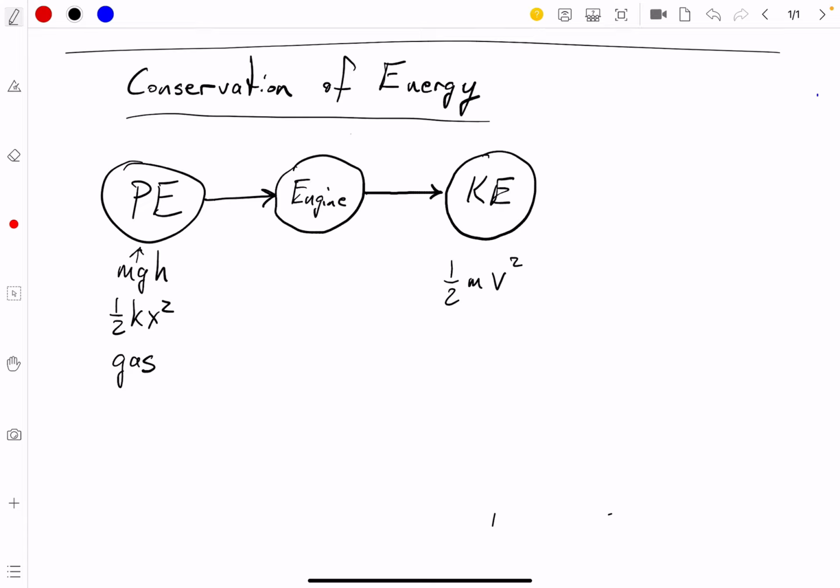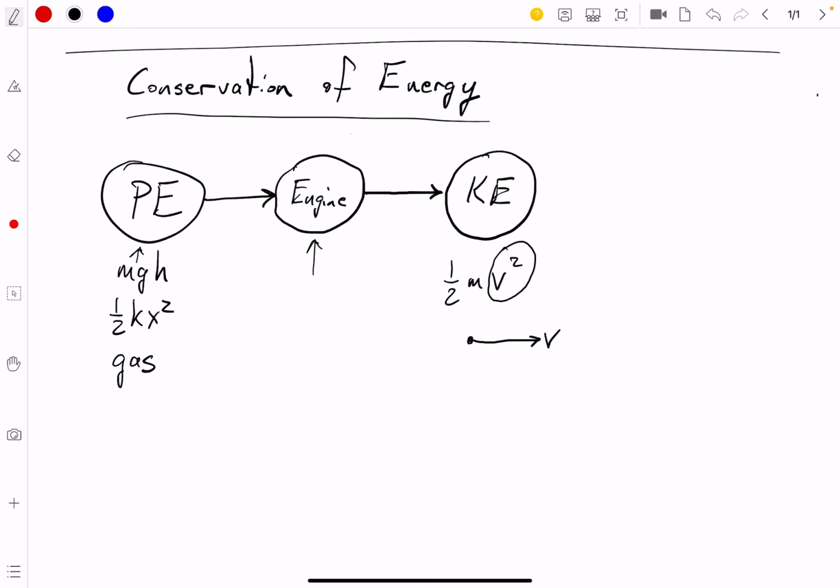The 1/2 is just because we got to divide by 2, so that's not helpful. The mass isn't helpful because the mass isn't going to ever change, but the velocity gets squared. So whatever happens, we have taken and given ourselves a mass with a velocity because of whatever engine we're dealing with.